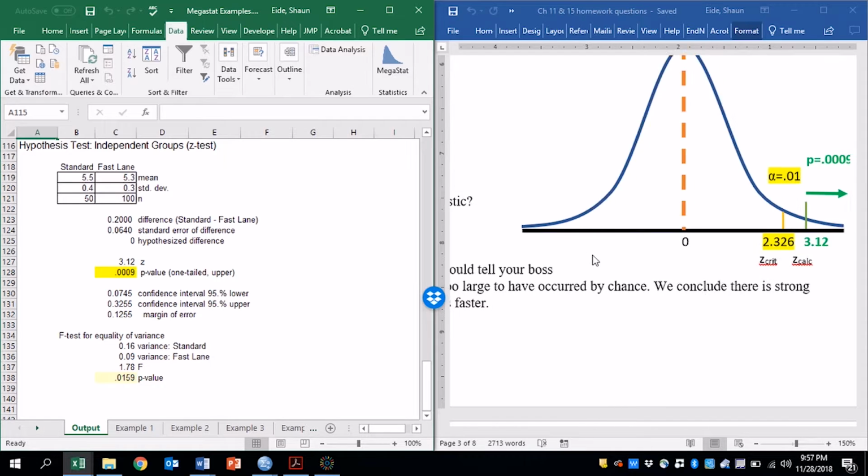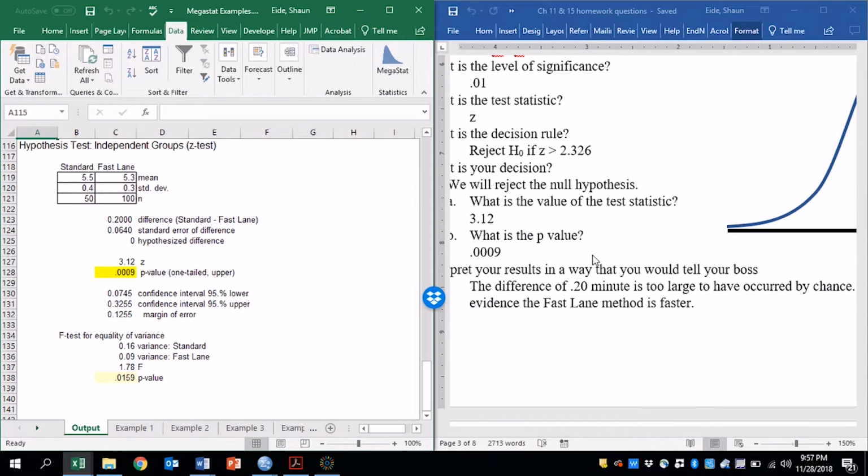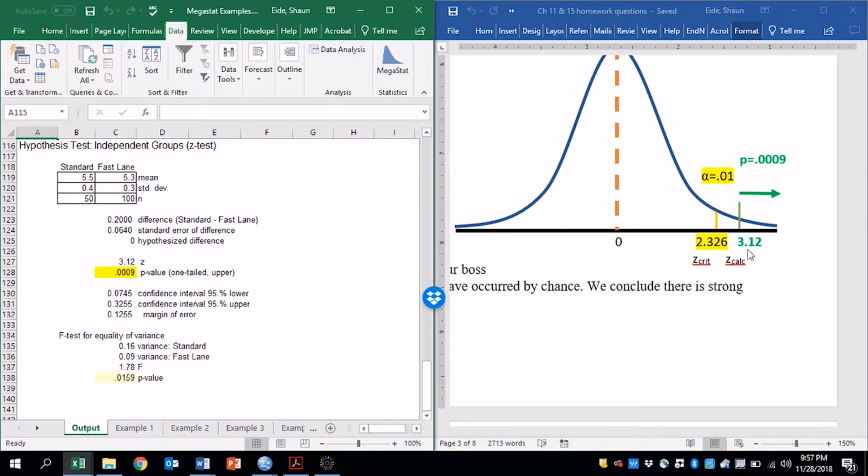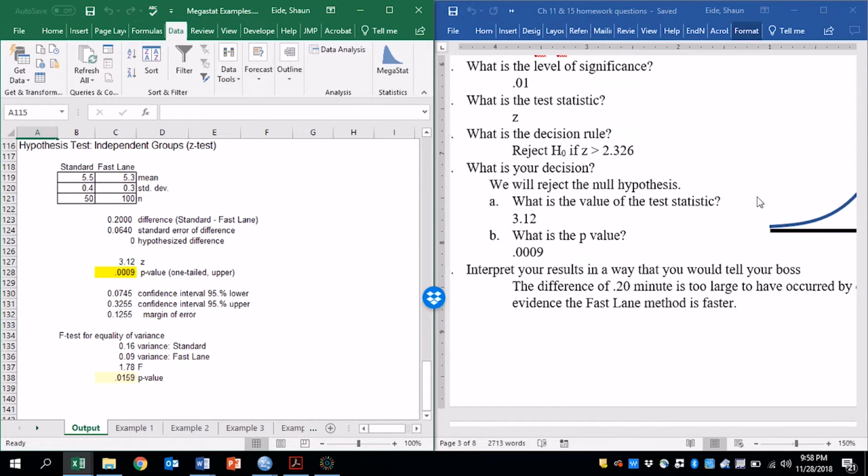We conclude that there is strong evidence the fast lane method is faster. So right here, 3.12, that's strong evidence. The probability of that occurring, that's a p-value of less than 0.001. So that's really strong evidence that the fast lane method is faster.